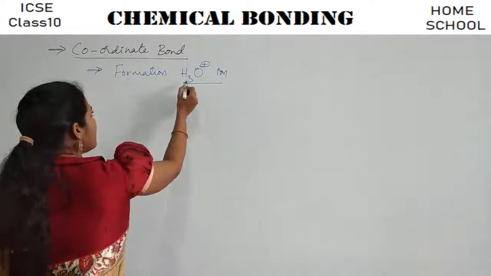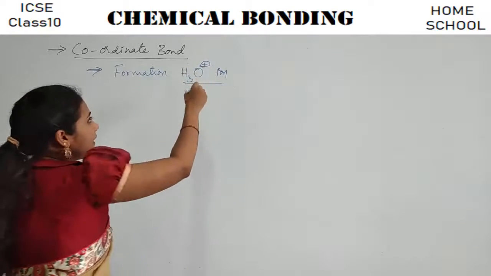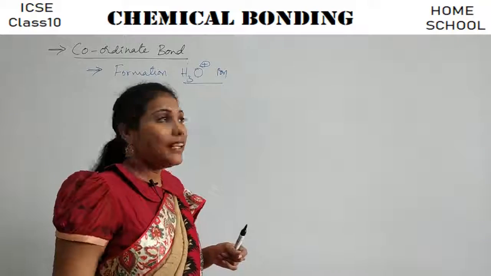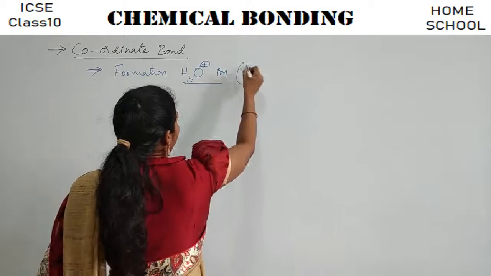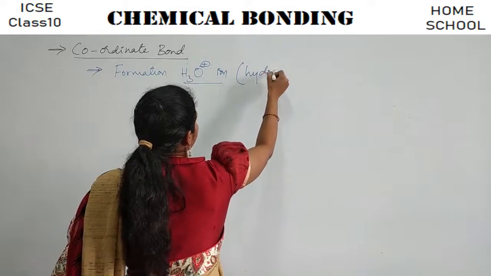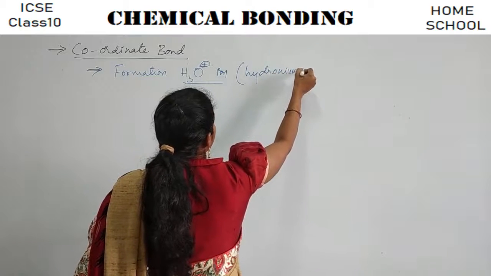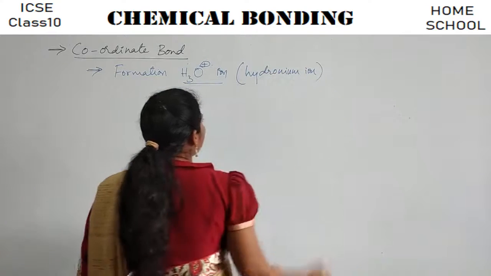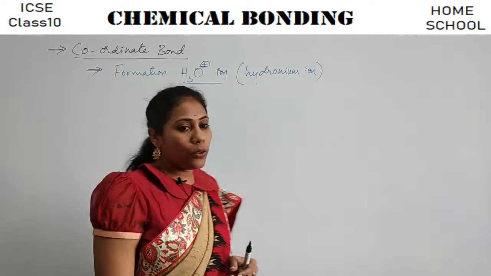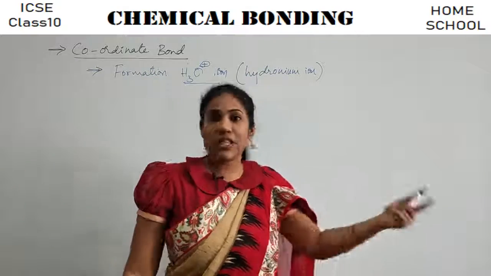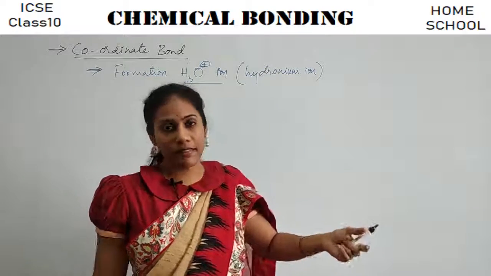So this is some sort of ion because it has a positive charge, right? And this is actually called hydronium ion. You will study more detailed things in the next chapter, that is the acids and bases chapter.